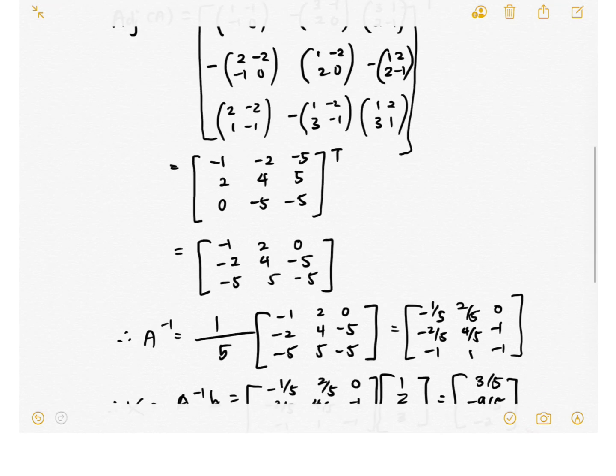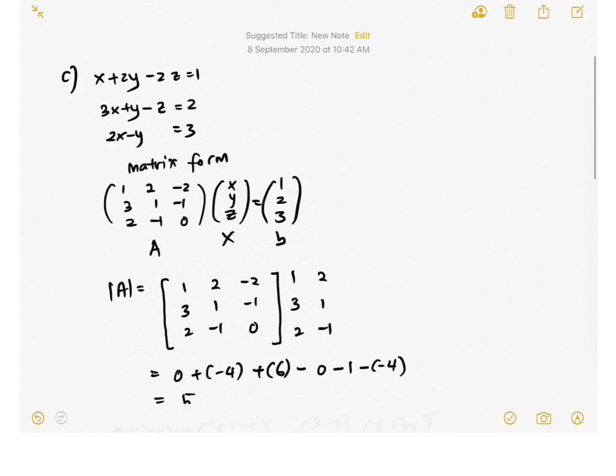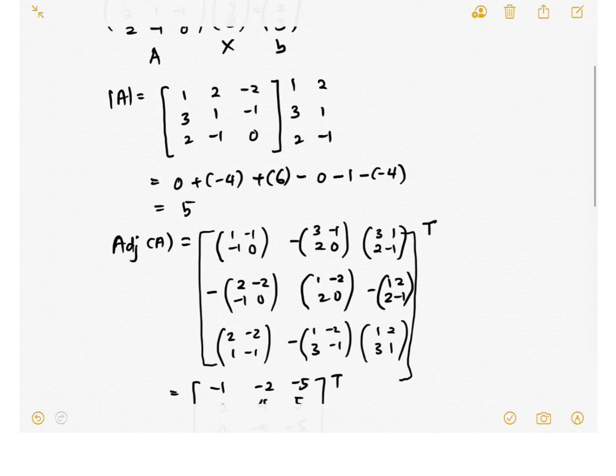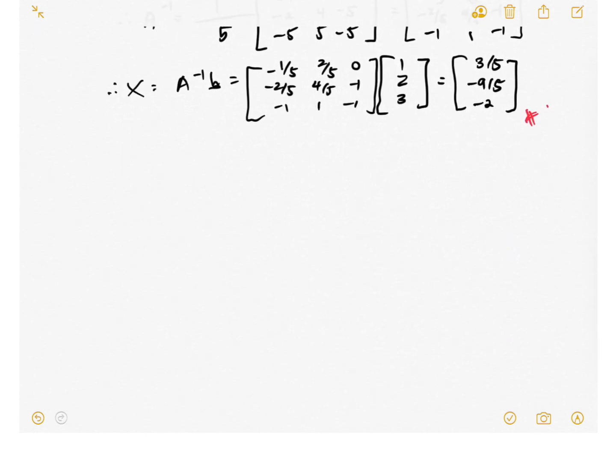So you may check your answer. Substitute each of the x, y, and z into this and get the answer equals to 1, equals to 2, and equals to 3. Okay, now I give you the answer for B and D.